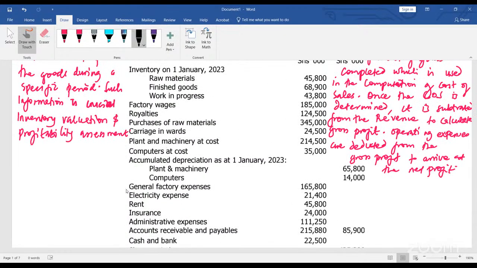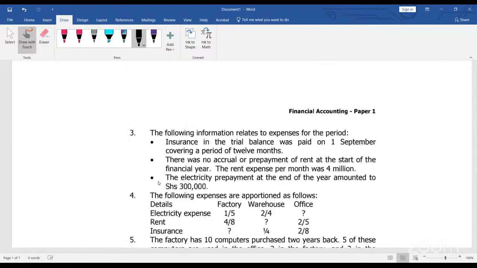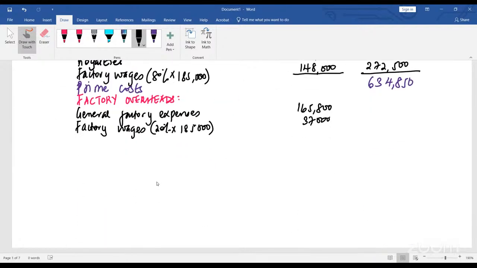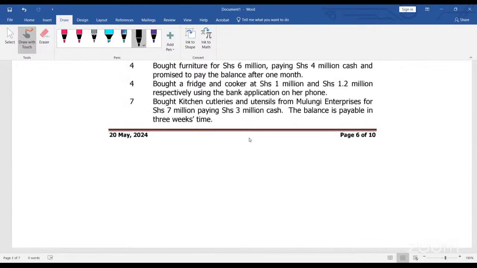The general factory expense, we have that. We have electricity as well. But when it comes to electricity, always check the additional information, because some of these expenses are likely to be allocated to different sections of the financial statements.